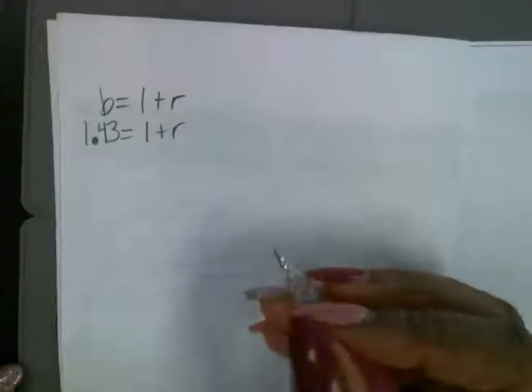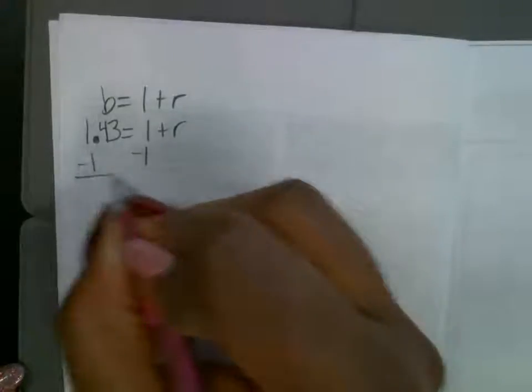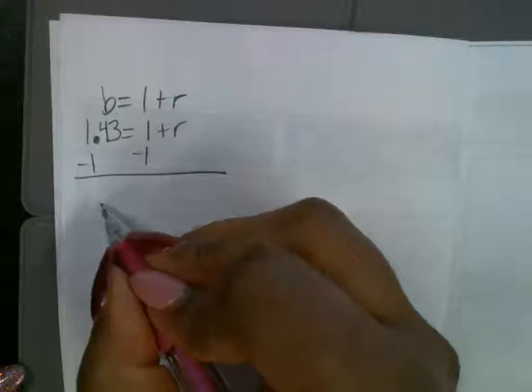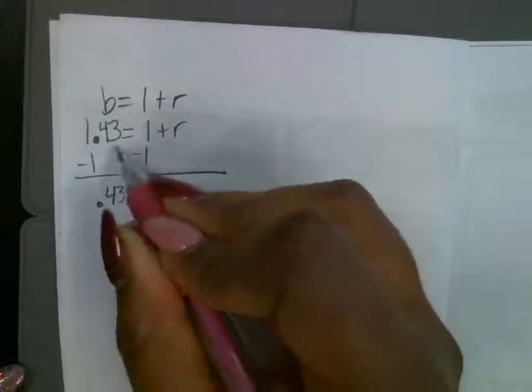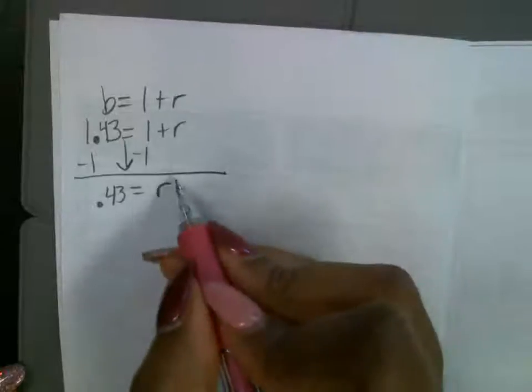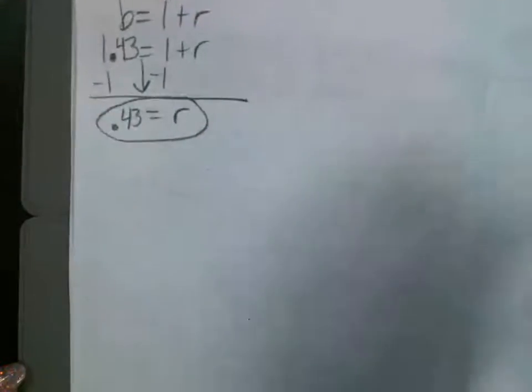Now I need to find the percent by which it increased, not the growth factor, but the percent. So we have to find R. How do we get R by itself? Subtract 1. When we subtract 1 on both sides, what does this give me here? You get 0.43. And on this side, what do you get? R. So this is the decimal. How would I change this decimal to a percent?